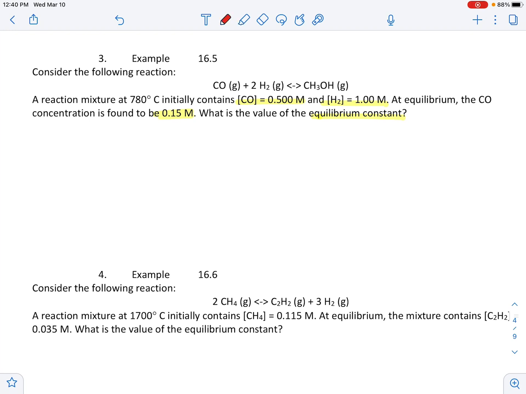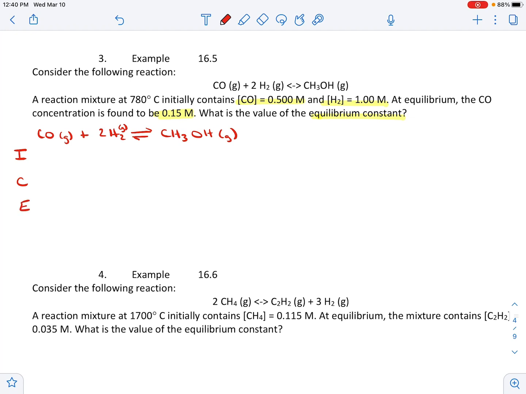Here's how I like to start. I always start by putting our balanced chemical equation first, and I'm going to leave my state symbols on for right now. Yes, I know we have it above, but it'll make it easier to put my ICE chart below it. It looks like I forgot to put the gas symbol on there, but that'll work. Now we're going to put our ICE chart down below it.